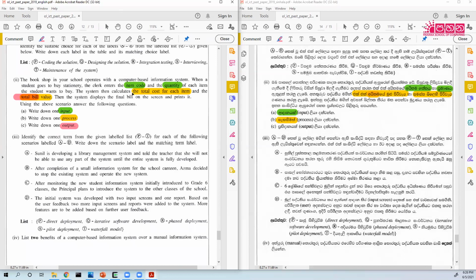The total cost for each item is another output. Yes, I told you previously it should be calculate the total cost for each item. And then here, it's just the total cost for each item. Calculation is the process. And then you have the final bill.